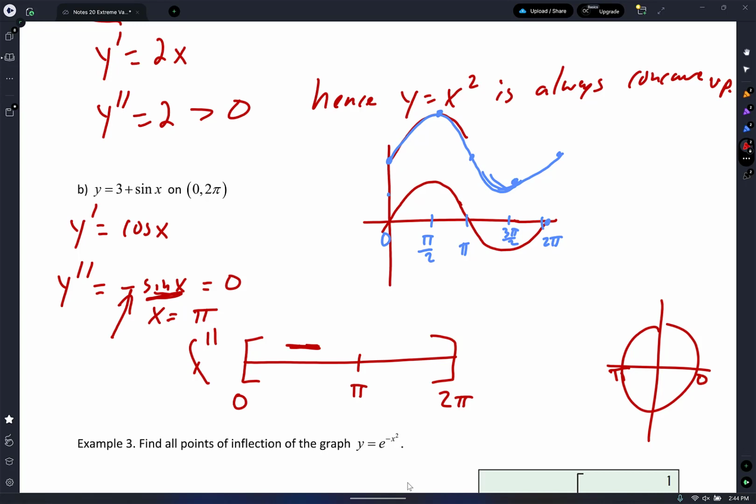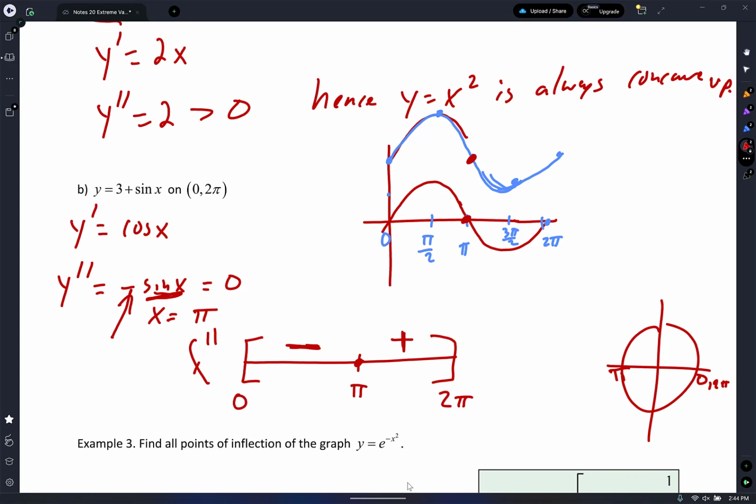Sine between pi and 2 pi, I'm below the x-axis, so sine is negative, but negative times a negative is a positive. So look, we know that we're concave down between 0 and pi, and it verifies by this. I have a point of inflection at pi, and sure enough, yep, I have a point of inflection at pi. And between pi and 2 pi, it is concave up. And yep, it verifies. Do you guys see that?